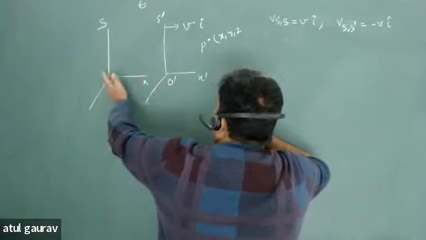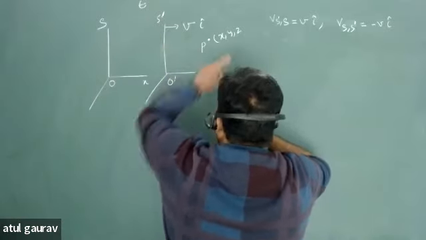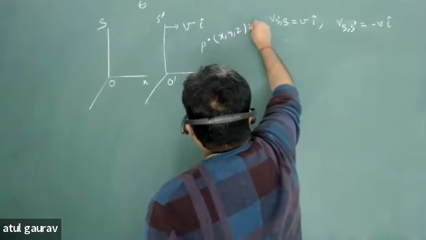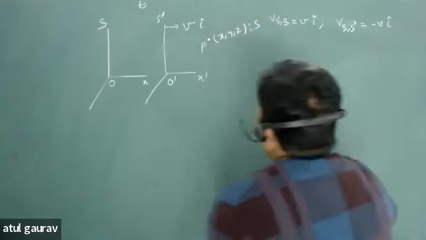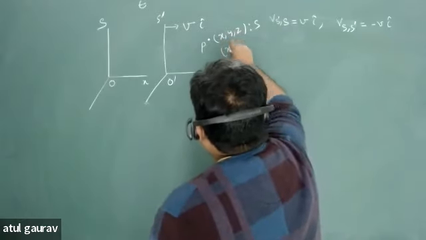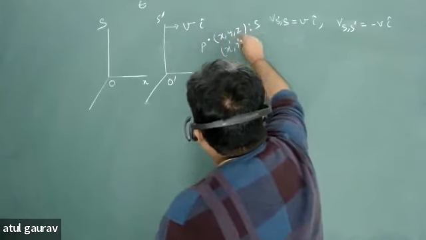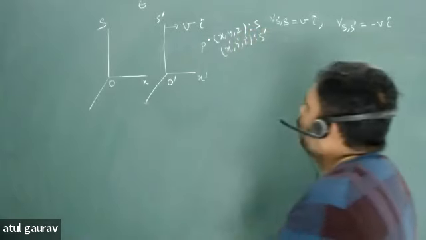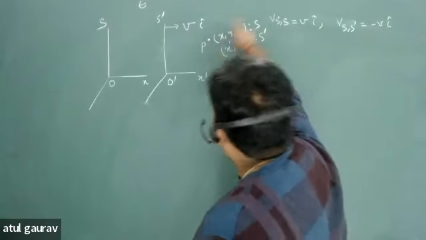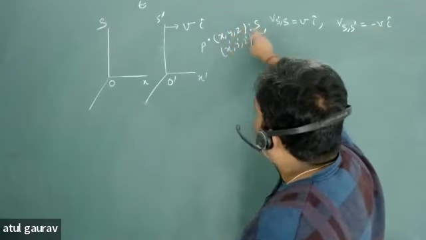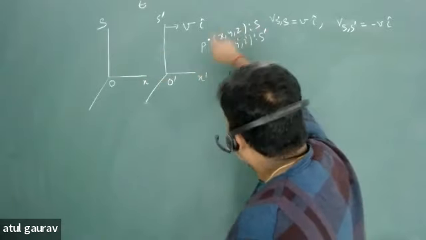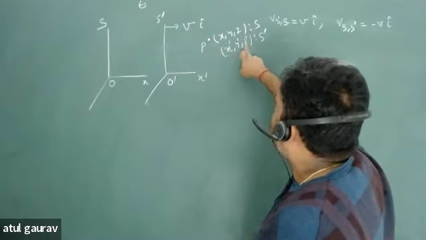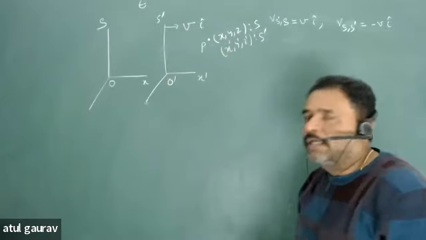So after time t of the coincidence, we have this scenario. This is x, y, z from the S frame, and this is x dash, y dash, z dash from the S dash frame. The same point can be coordinated with respect to origin O dash, which is nothing but S dash.